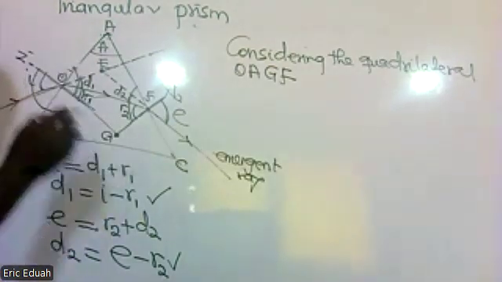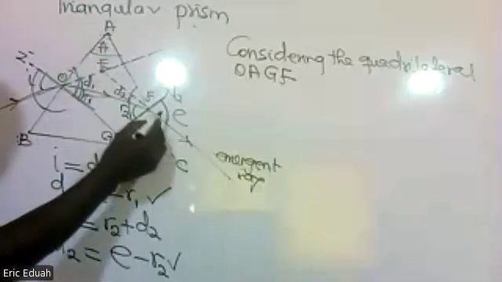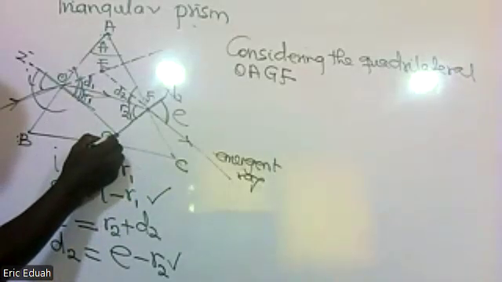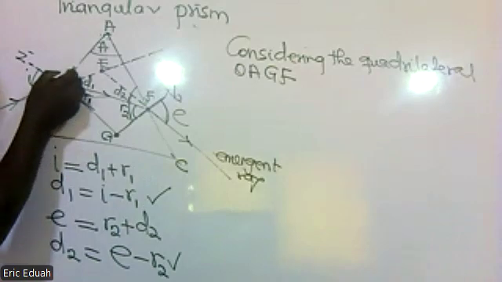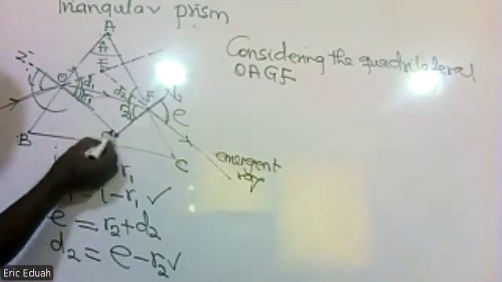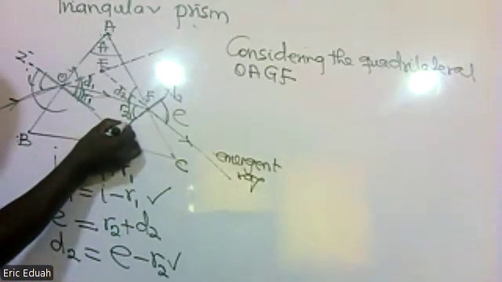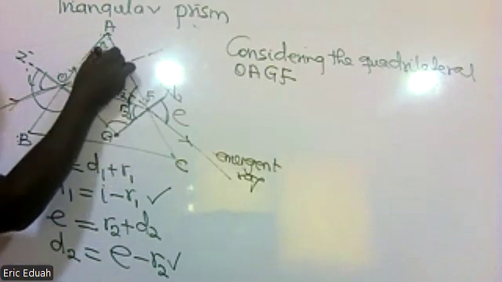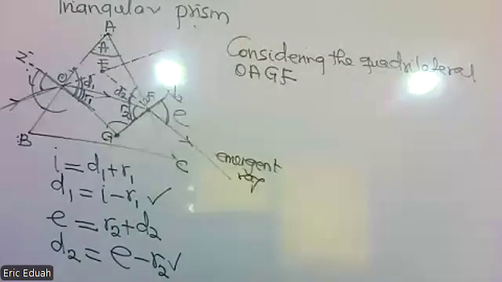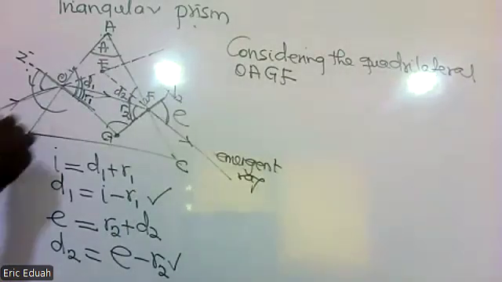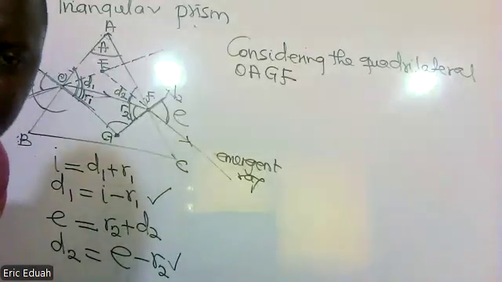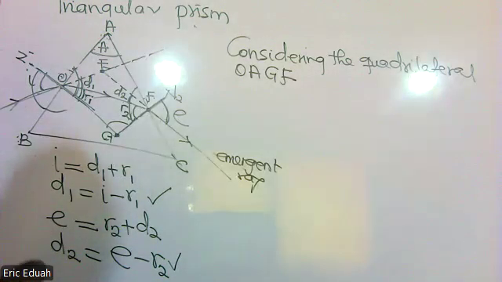But once OAFJ is a quadrilateral, if this is 90, this is 90, then we can also say that the angle here plus the angle here is also equal to 180, because the sum of angles in a quadrilateral must be equal to 360.